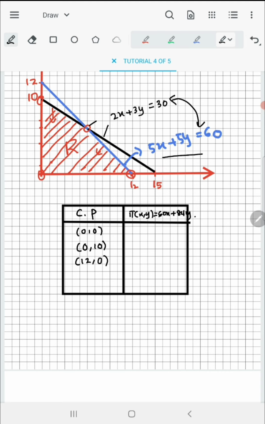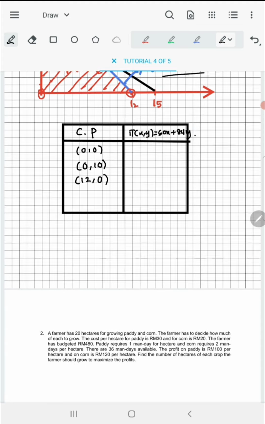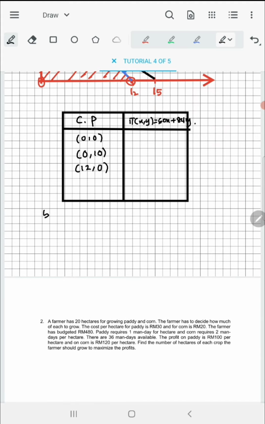Okay, so we take this equation 5x plus 5y equals to 60, so we divide by 5, so we got x plus y equals to 12.